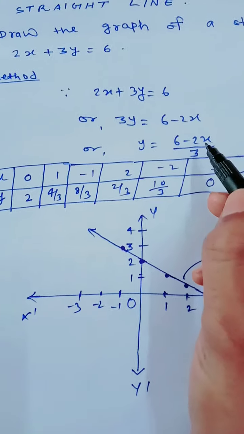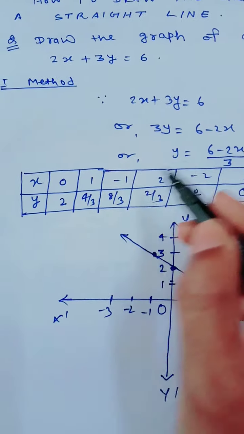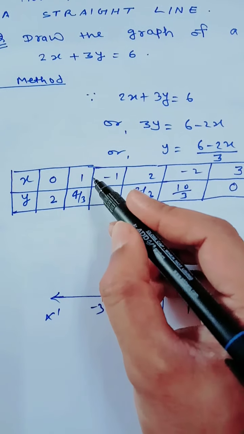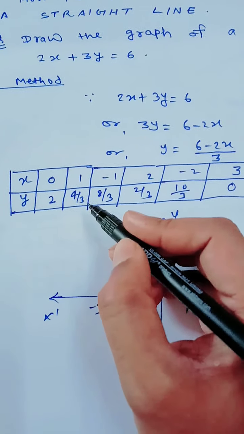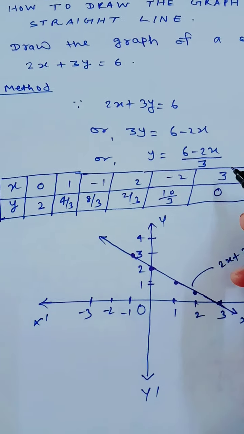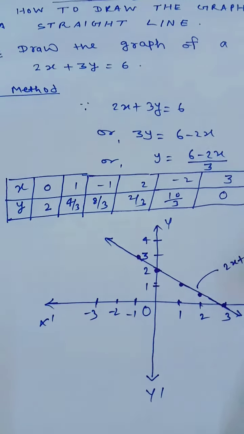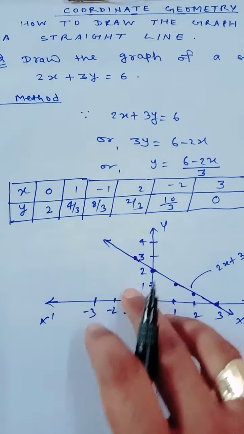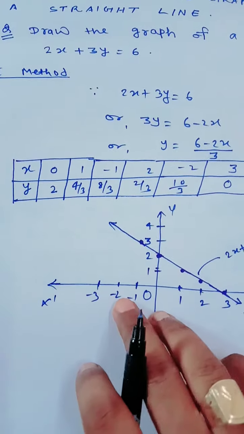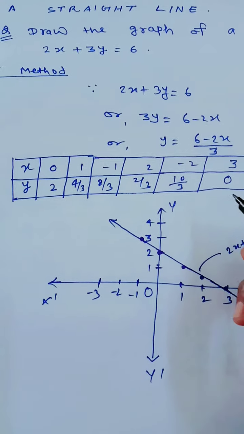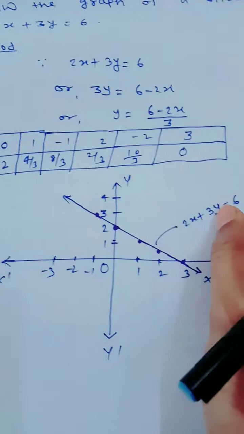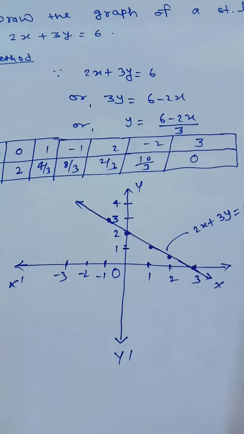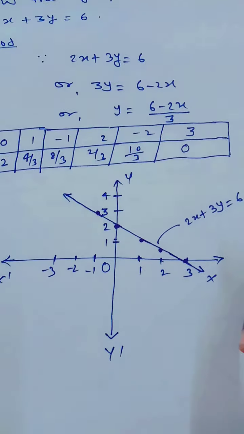If we put x equal to 0, we get y equals 2. If we put x equal to 1, we get y equals 4 upon 3. Similarly, we have taken 4 to 5 points randomly for x and calculated the value of y on the basis of those values. Now we will locate these points on a Cartesian plane.